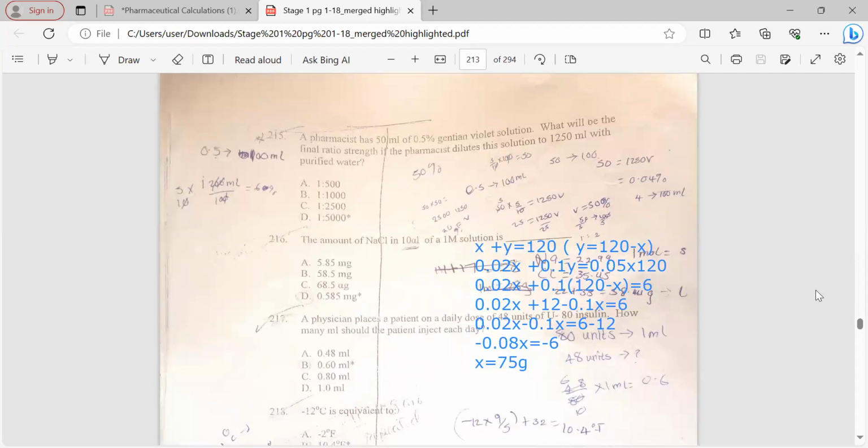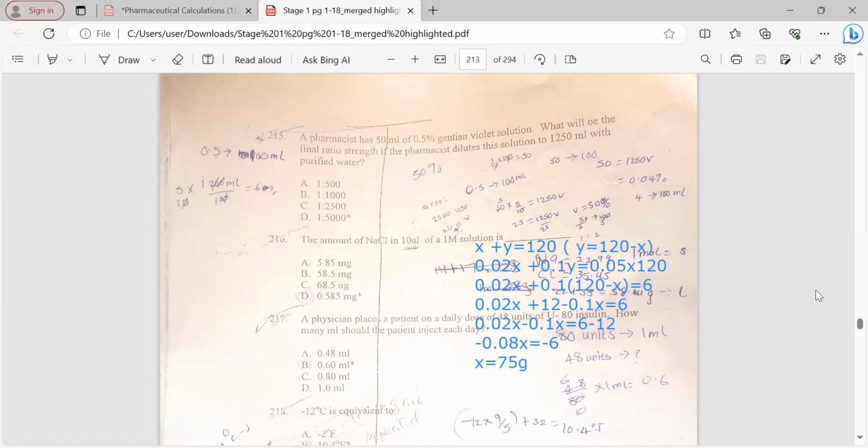So a pharmacist has 50 ml of 5% gentian violet. What will be the final ratio strength if the pharmacist dilutes this solution to 1250 ml with purified water? So he has 50 ml of 0.5% gentian violet. So 0.5 ml is in 100 ml, right?